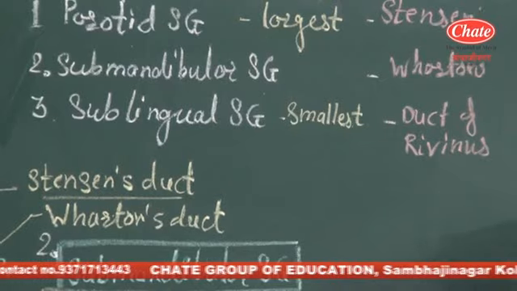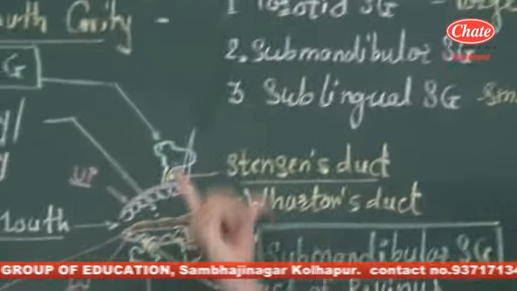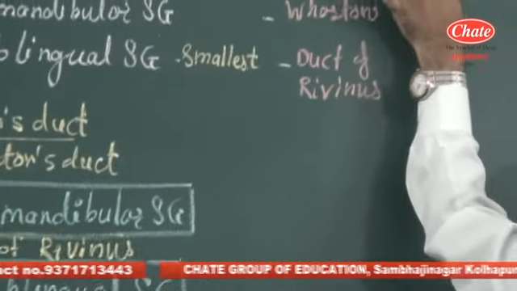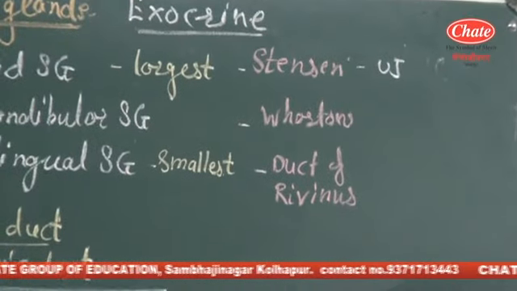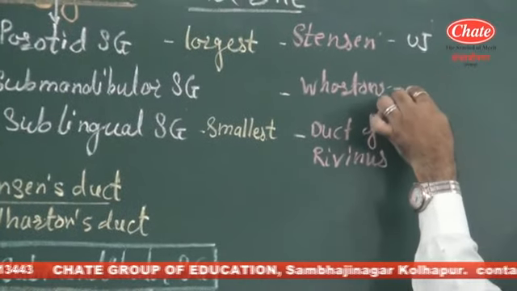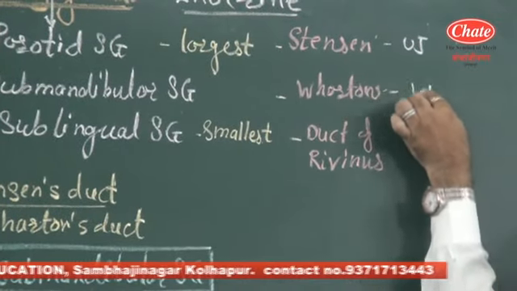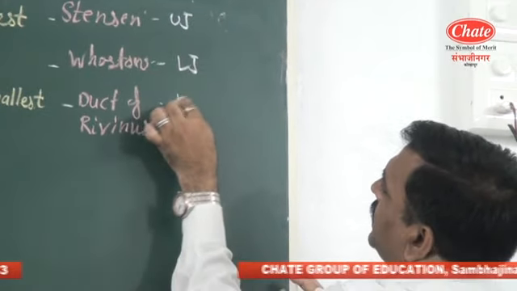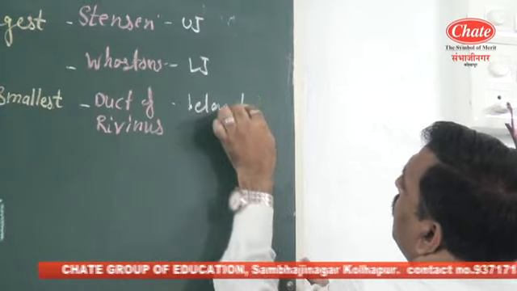Next, when we focus on position, the parotid salivary gland is present in the upper jaw in front of the ear. The submandibular gland is present in the lower jaw, while the sublingual is present below the tongue.